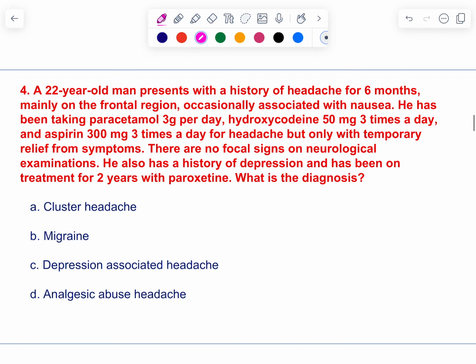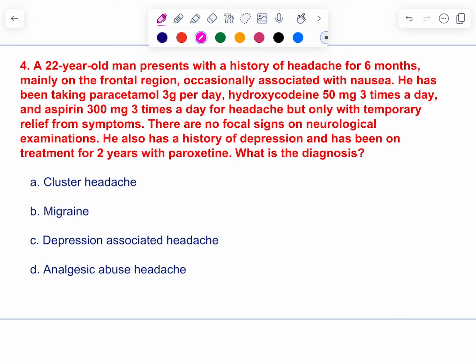So we have a 22-year-old man who presents with history of headache for 6 months, mainly in the frontal region and occasionally associated with nausea. He has been taking paracetamol 3 grams per day, hydroxycodone 50 milligrams 3 times a day, and aspirin 300 milligrams 3 times a day for headache, but only with temporary relief.